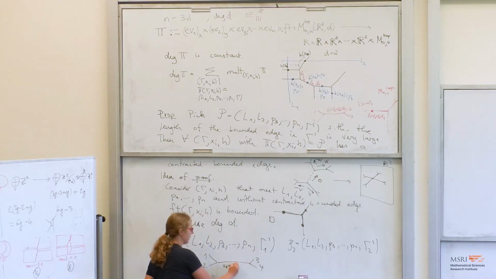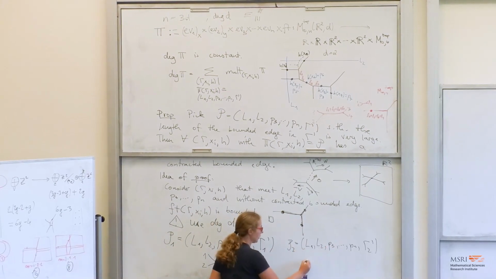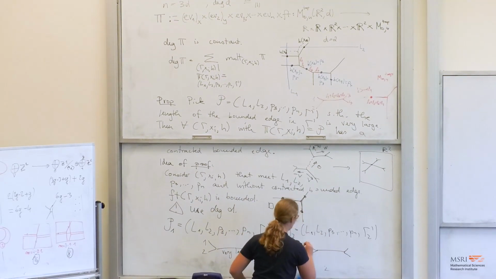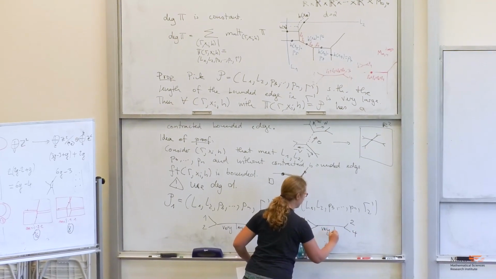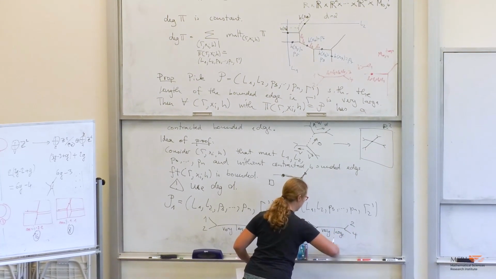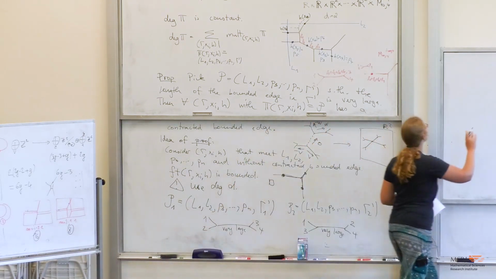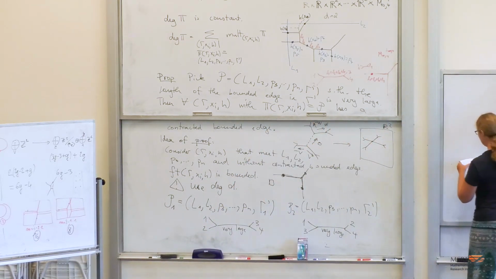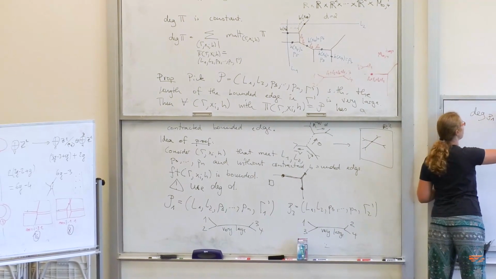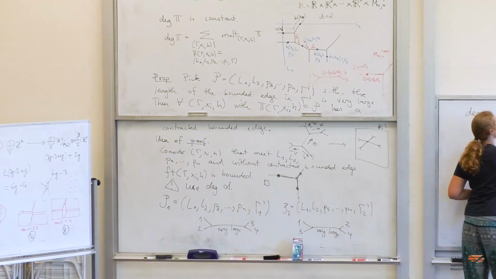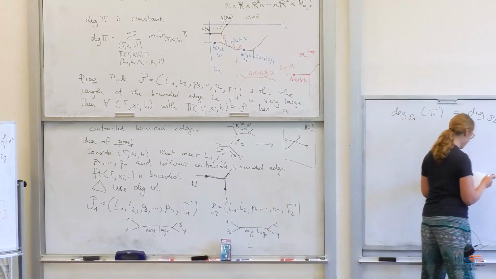And as I said, the length in between is very large, okay? And gamma 2 prime, I want to be 1, 3, 2, 4. And the length in between, yet again, very large, okay? And then I know that the degree measured at P1 of pi equals the degree measured at P2 of pi.